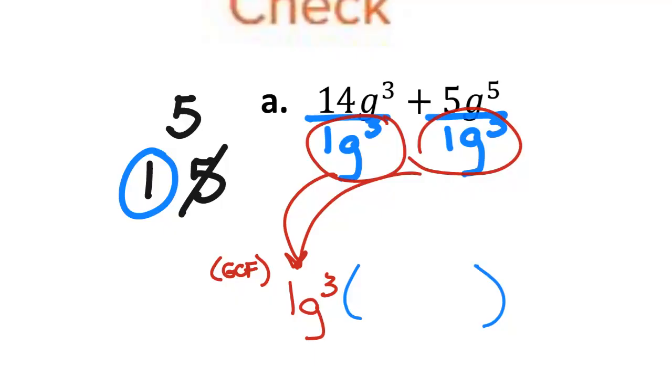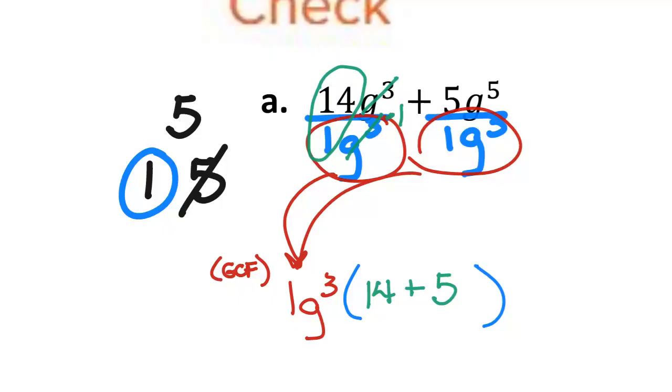So then we actually look and divide. 14 divided by 1 is 14. And g to the third divided by g to the third, do you have any g's left? No, because those simplify out, cancel out. I mean, you could put a 1 when you divide and you cancel it out, that's a 1. Plus 5 divided by 1 is 5.